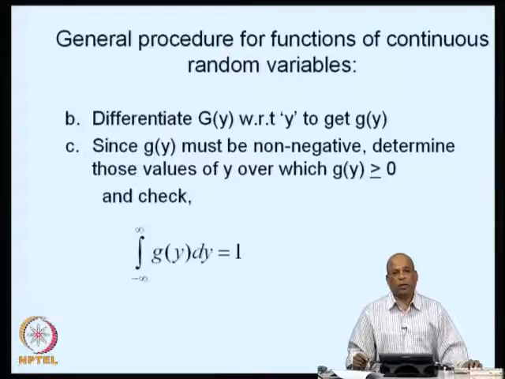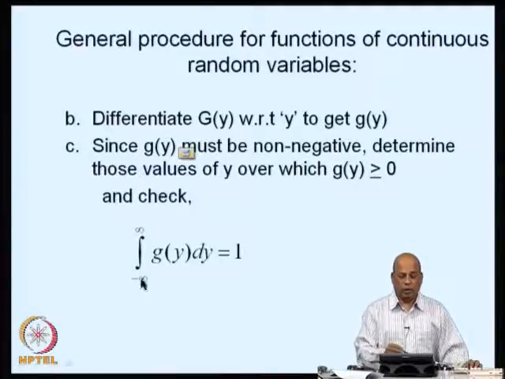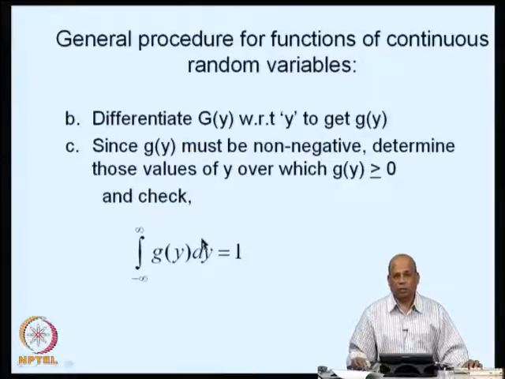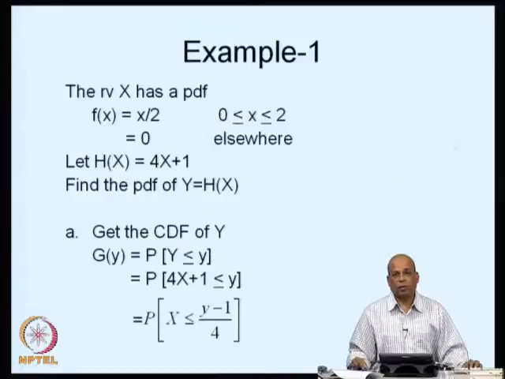Once we obtain the marginal density g of y, we fix the limits of y over which g of y is non-negative, and then over those limits we examine whether the integral from minus infinity to plus infinity of g of y dy is in fact equal to 1. Let us take an example.